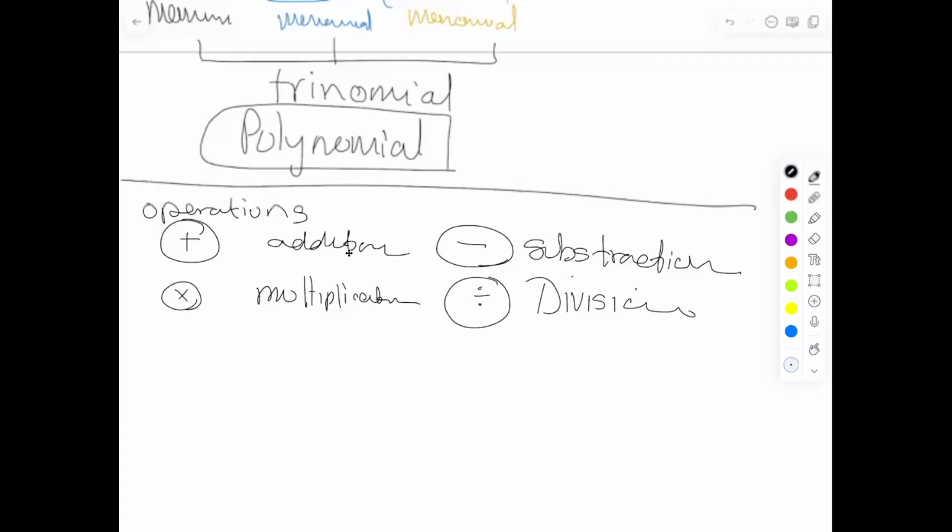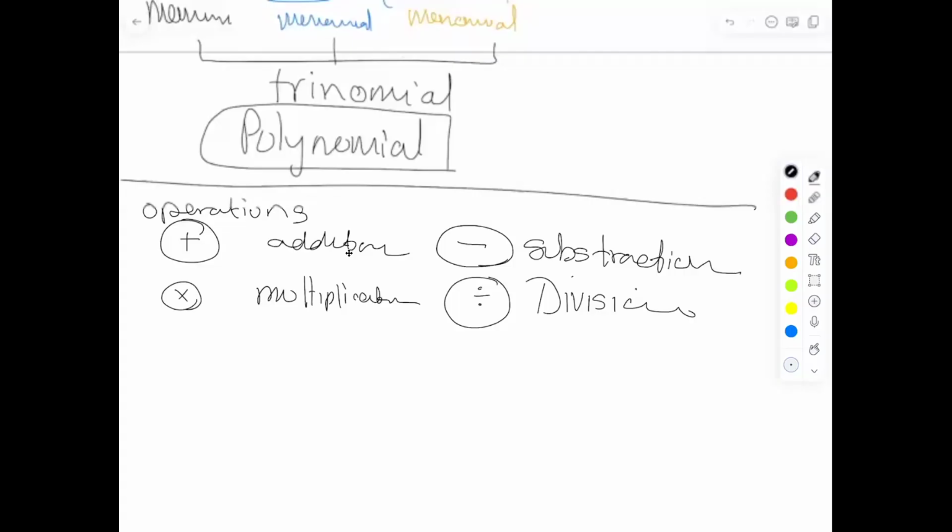I feel like I'm missing something. I'm drawing a blank. Addition and subtraction. That's what happens when you keep teaching straight. You forget what the acronyms are. All right, so we have parentheses, exponents, multiplication, division, addition, and subtraction.